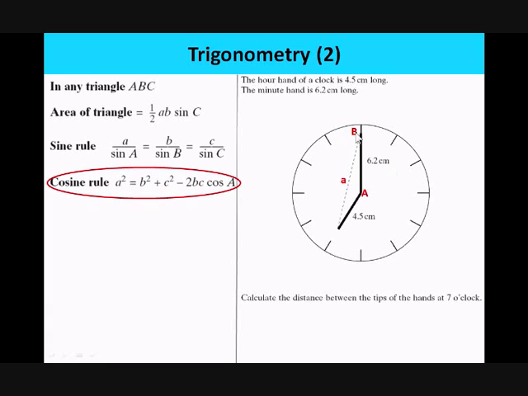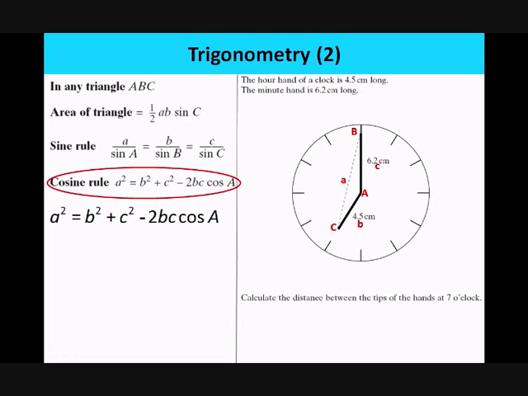I might as well call the angle at the top B, the side opposite it side b, call the other angle C, and the side opposite side c. I could have done that the other way around and it would have worked out the same, because if you look at the formula, b and c could be interchanged and you'd still get the same thing.